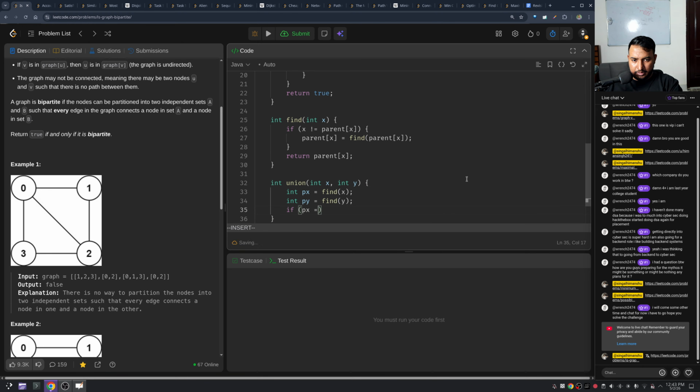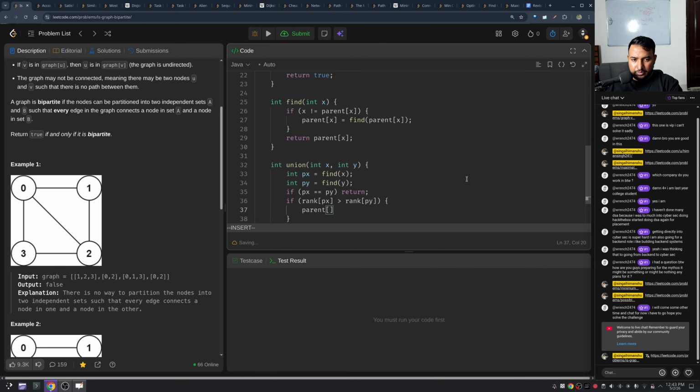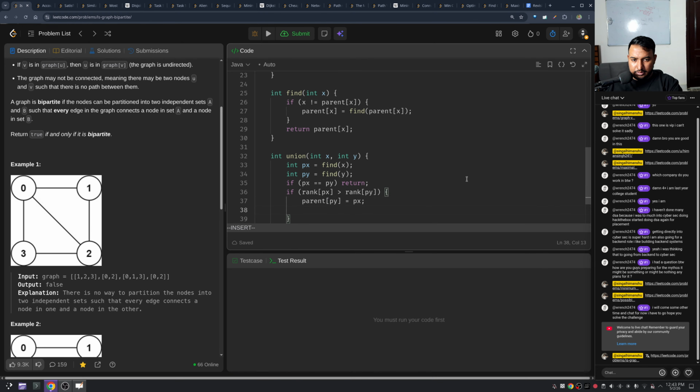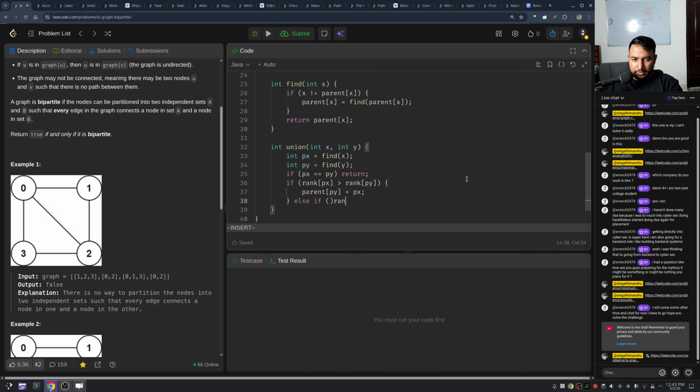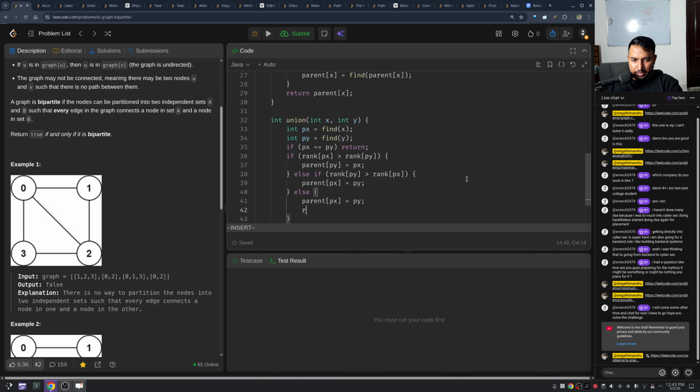If px is equal to py, simply return. If rank of px is greater than rank of py, then parent of py is equal to px. Otherwise, if rank of py is greater than rank of px, parent of px is py. Otherwise, parent of px is equal to py, and rank of py plus plus.